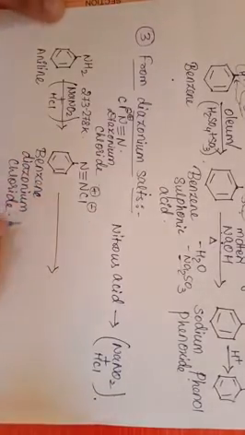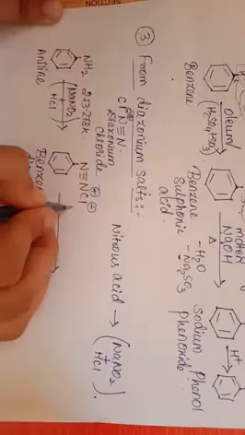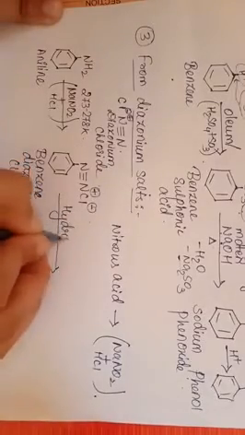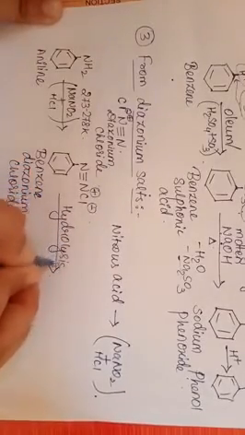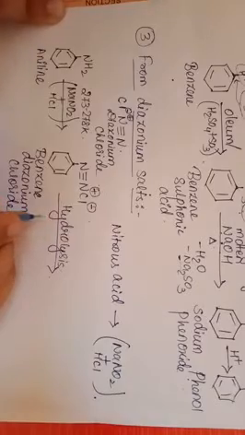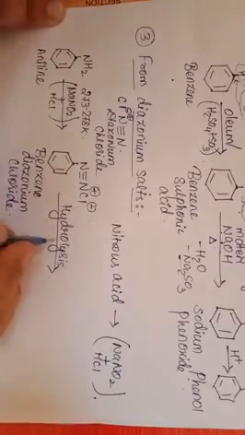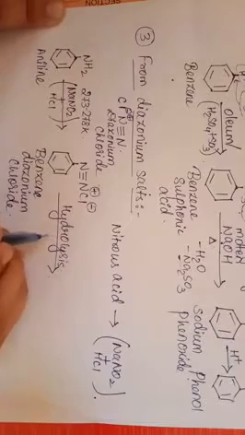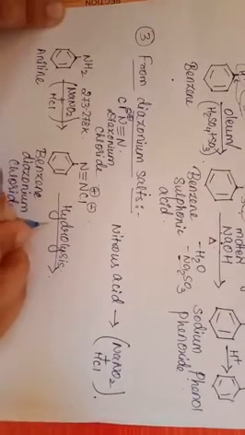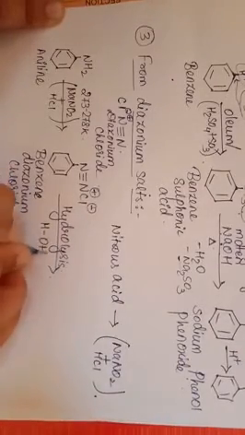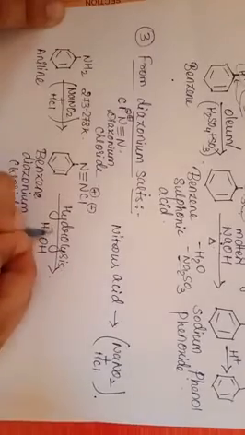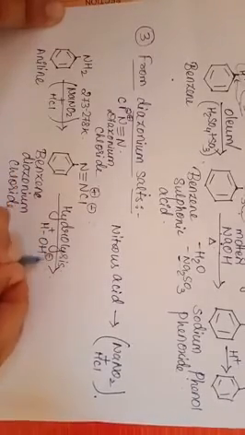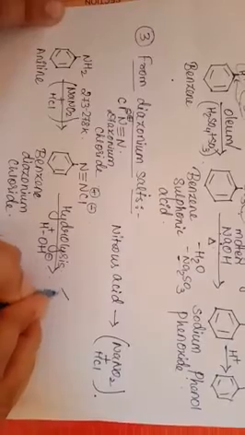Now on its hydrolysis, what we need for hydrolysis, that is H2O. So by hydrolysis, by warm or dilute acid or H2O, this is our H plus and this is our OH minus, we will get phenol.